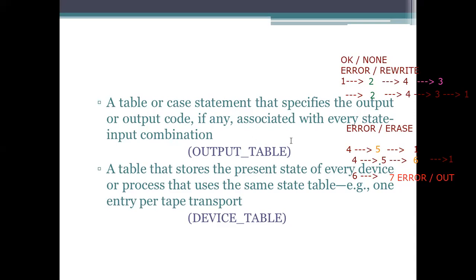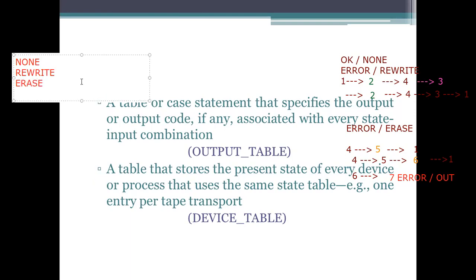So here in this output table, the input is okay, none. Output will be none. It should be associated to its input; you cannot directly store the output values here. Simply storing the output values won't allow you to access things here. What happens here? If you don't have the information about that, I have none, rewrite, and then next erase, and then out.